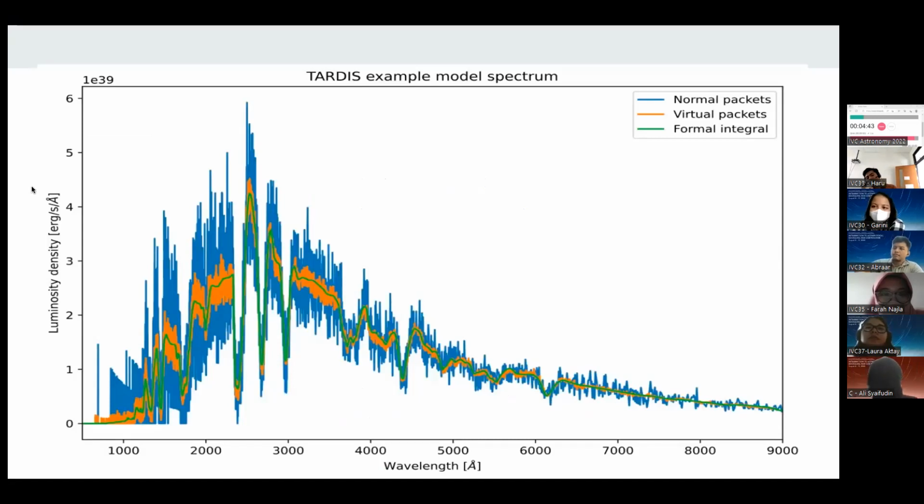I'm wondering, what kind of information can we extract from obtaining this simulation? Let's say I have observed a supernova and collected its spectrum and then compare it with this example. What kind of information can I extract?